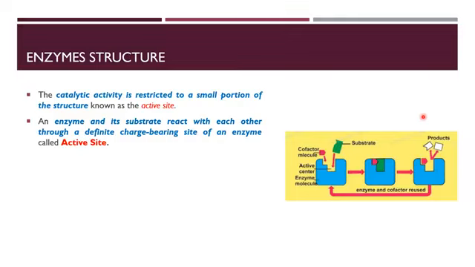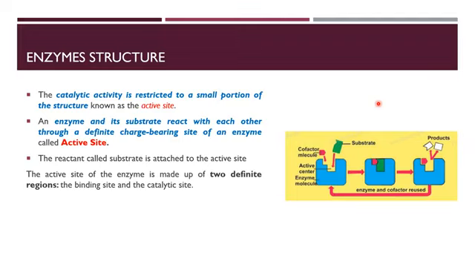An enzyme and its substrate react with each other through a definite charge-bearing site of the enzyme that is known as the active site. It's an alternate definition of the active site. The reactant is called the substrate. It has to attach at the active site. Now, the active site is further divided into two regions.